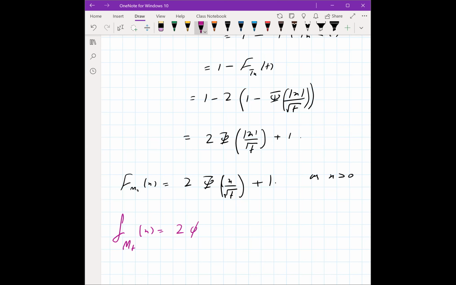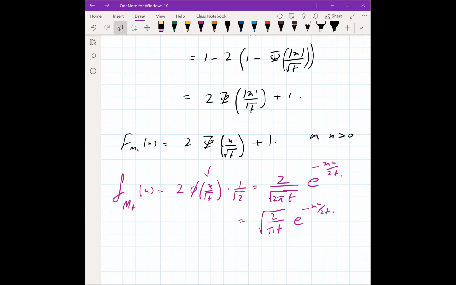So you get 2 phi, so from this normal, you get a 2 pi, you have a root t, the normal is 2t. So this is how you can compute the distribution of this.